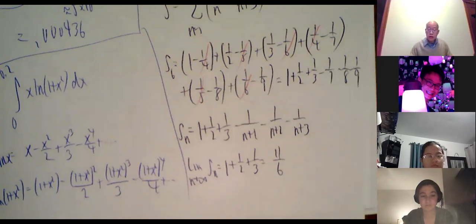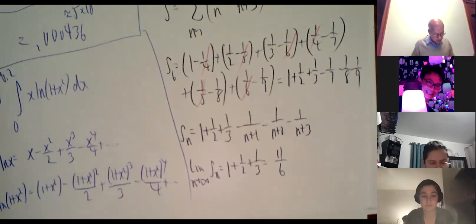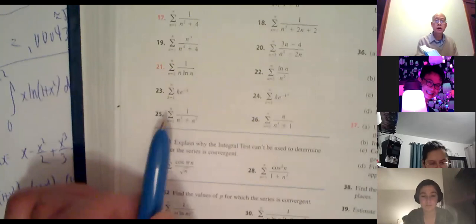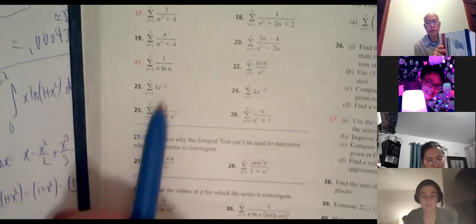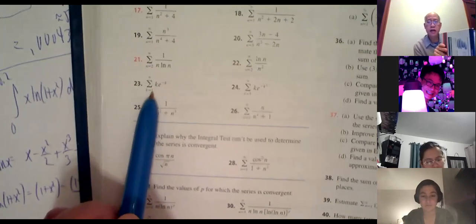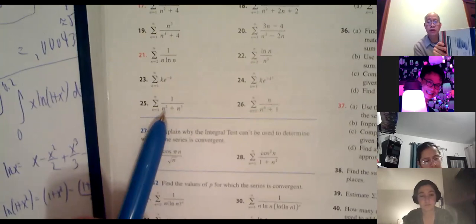Okay, 11.3, 23 and 25. Okay, for 11.3, now that we know other tricks, I'm probably going to declare to just use other tricks. So 11.3, 23, okay, you can integrate that by parts, but now that you know other rules, I would say use the ratio test. 25, use limit comparison test to 1 over n cubed.